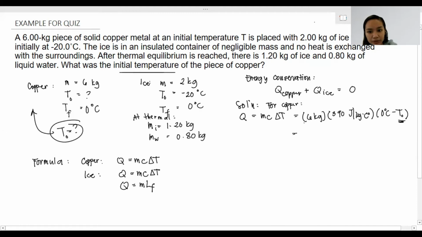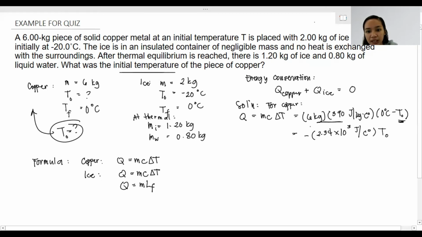So 0 degrees Celsius minus negative T, we will be left with negative T now. If we solve this using the calculator, we will obtain negative 2.34 times 10 raised to 3 joules per degree Celsius times our T naught.